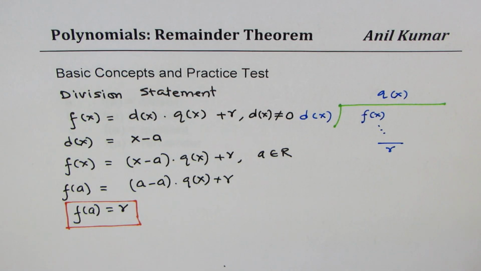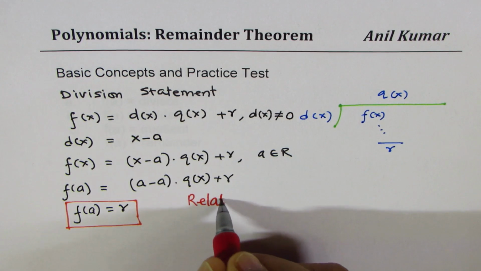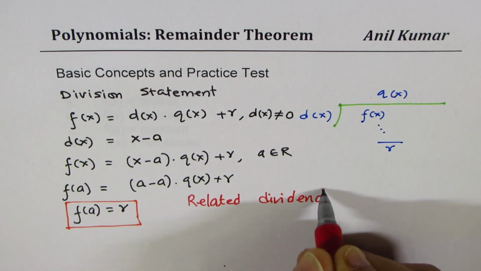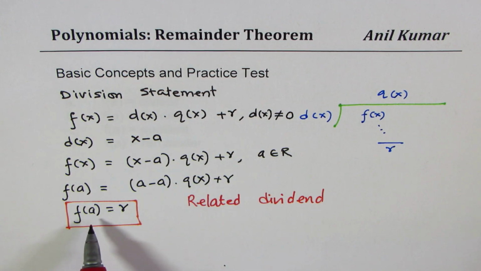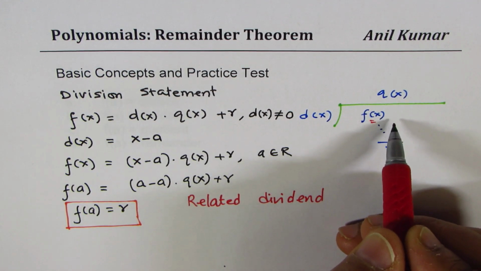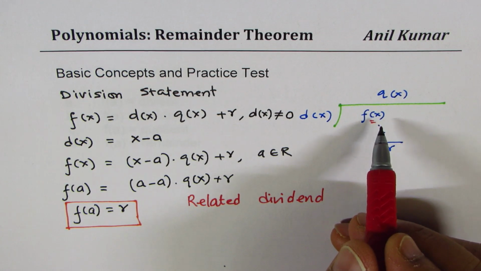So this is a relation where we have actually related the dividend, so f of a, that is a part of this, right? Value at x equals a. F of a is the value of this function at x equals a.